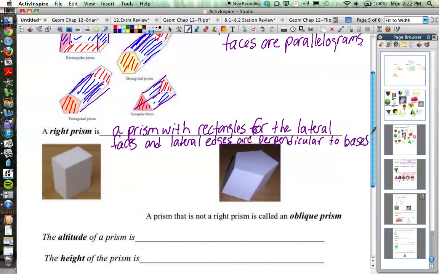So a right prism basically stands straight up. If you're going to summarize, put it into your own words. It stands straight up and down.